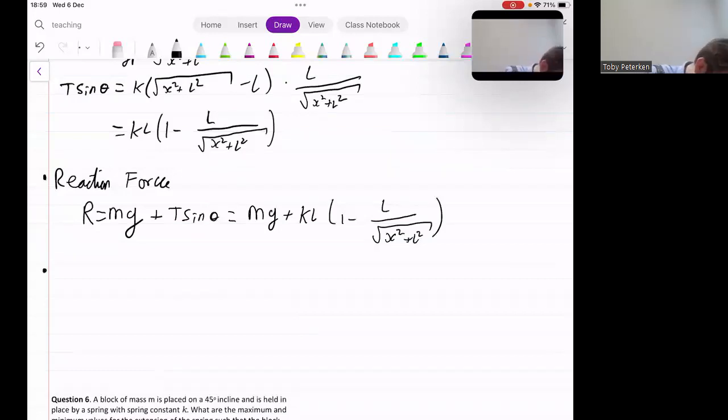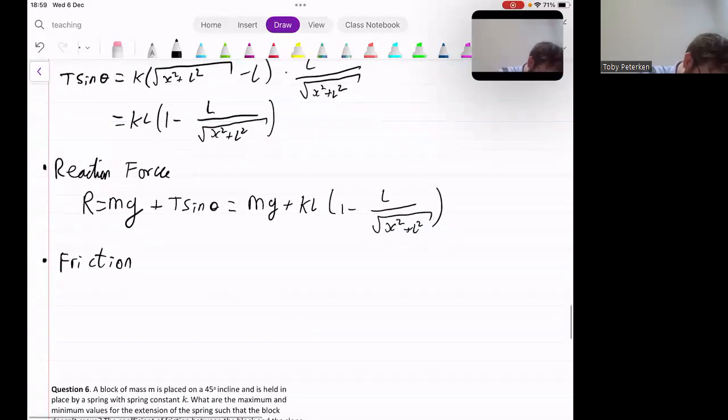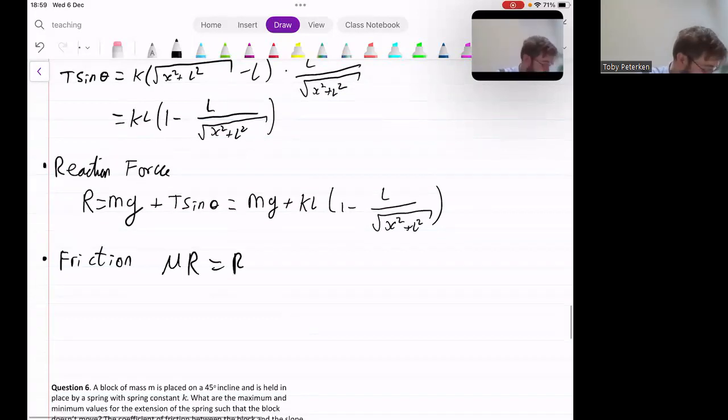This means that the friction force is equal to mu R, but I've already said in the question, let's set mu to 1. So that's just equal to the reaction force.